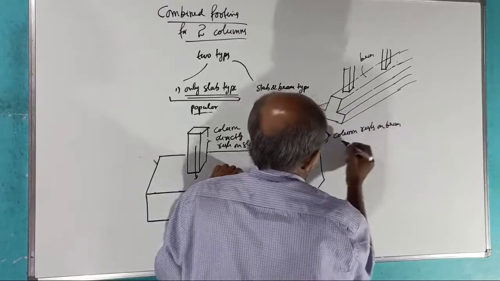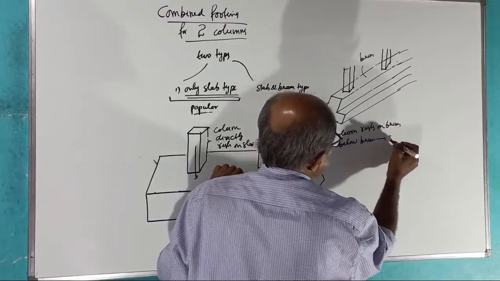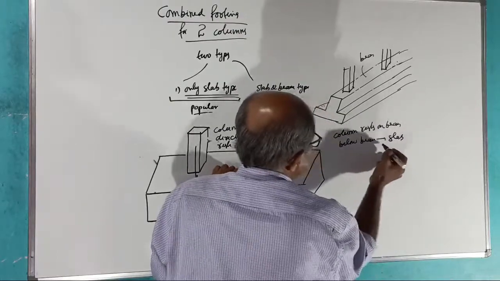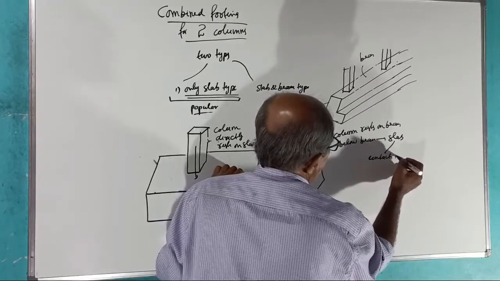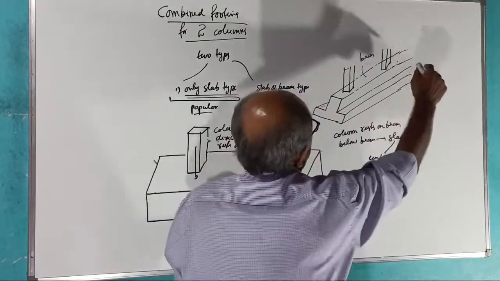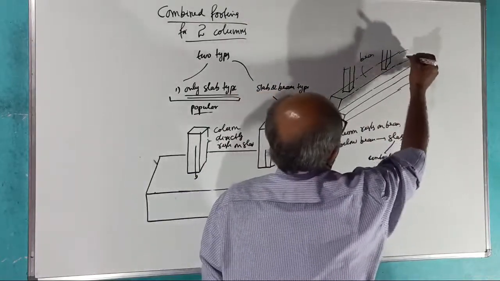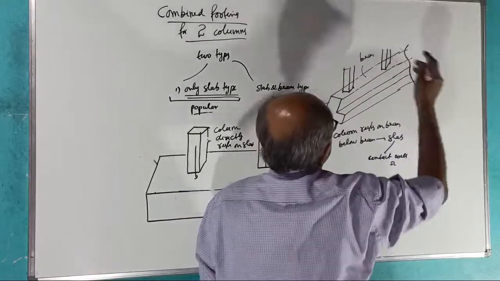Beam, and below the beam there is slab, and the slab is in contact with soil. Here the closing, I am a little weak to do it. Some people do it beautifully.